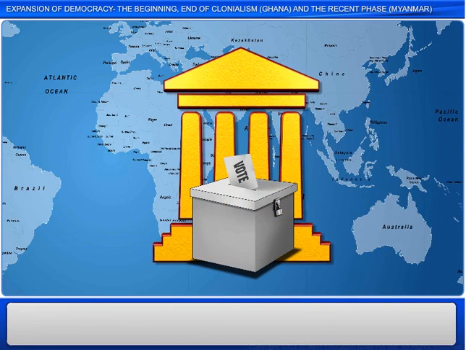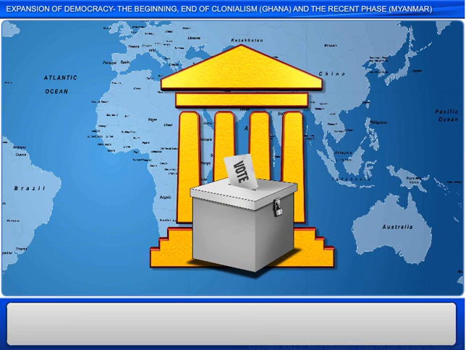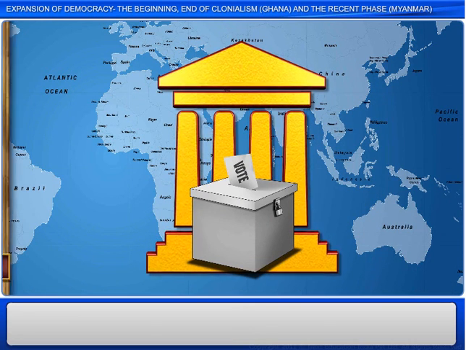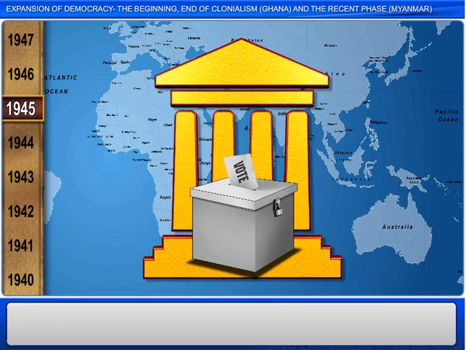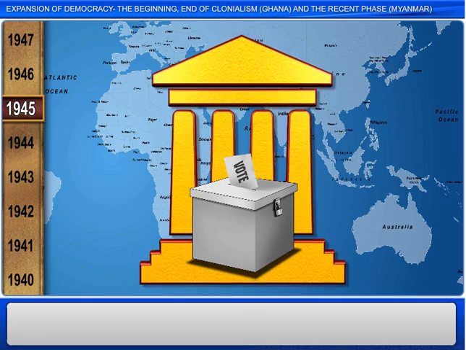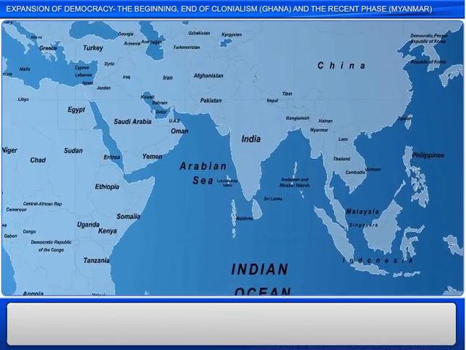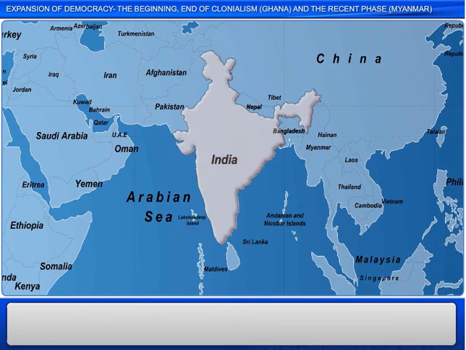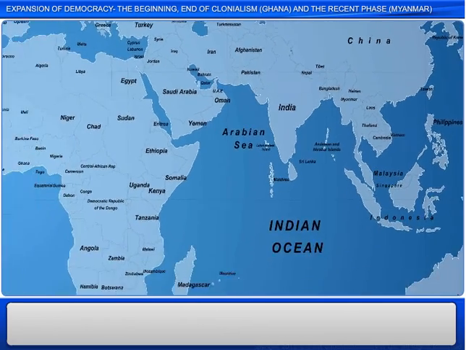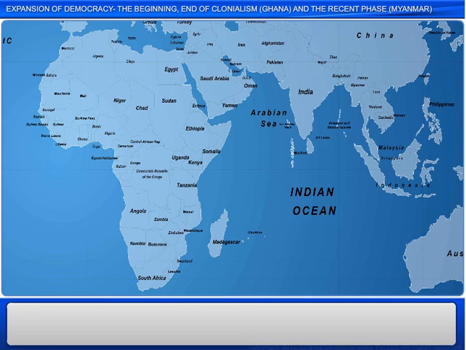Many of these countries became democracies immediately after the Second World War in 1945. Few countries like India have succeeded in maintaining a democracy till date. Other colonies across Asia and Africa were not able to sustain democratic governments.